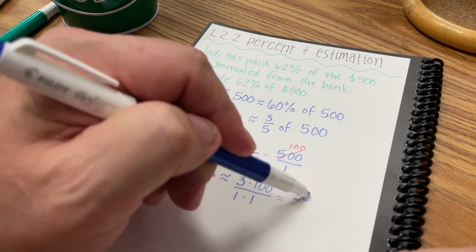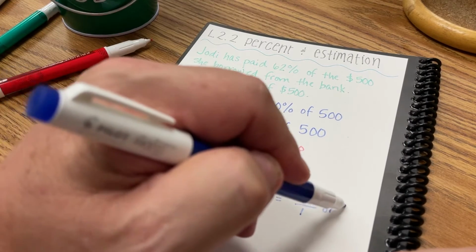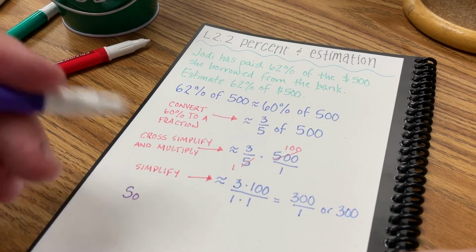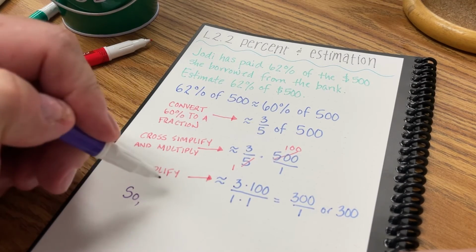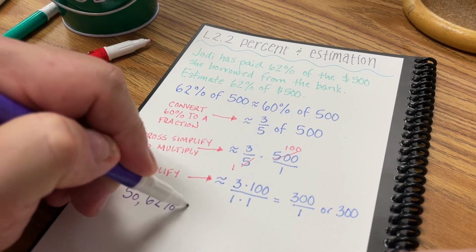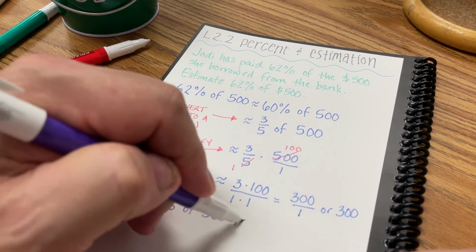Three times 100 is 300 over 1 times 1, which is 1, or 300. So I can say that 62% of 500 is about 300.